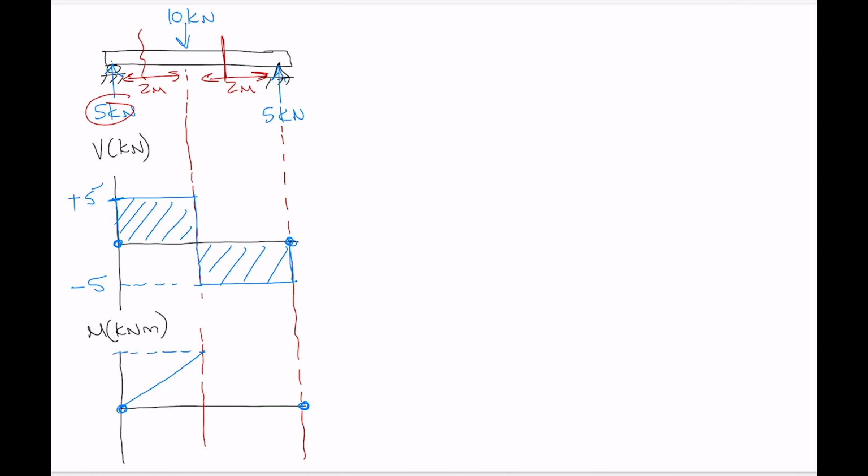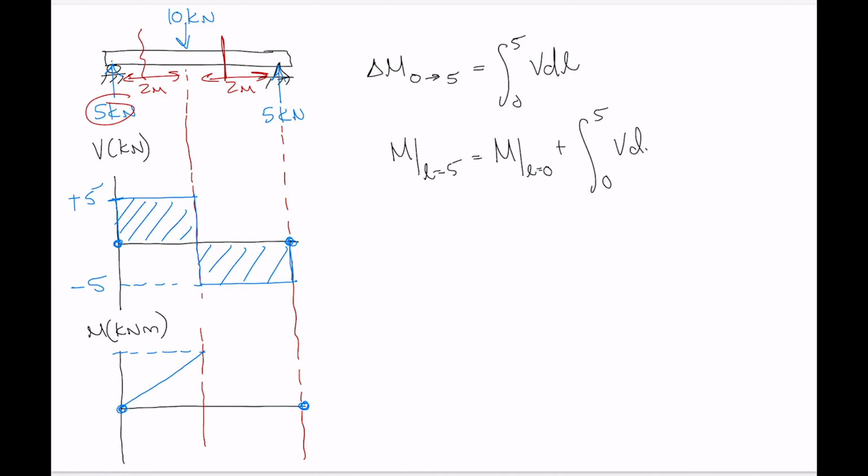Okay, now where do we get to? The change in moment between any 2 points, so delta M from a value of 0 to 5, is equal to the area below the shear diagram between those 2 points. Okay, so if we want our moment at L equals 5, then what we do is take our moment at L equals 0 and add on the integral between 0 and 5 of V dL.